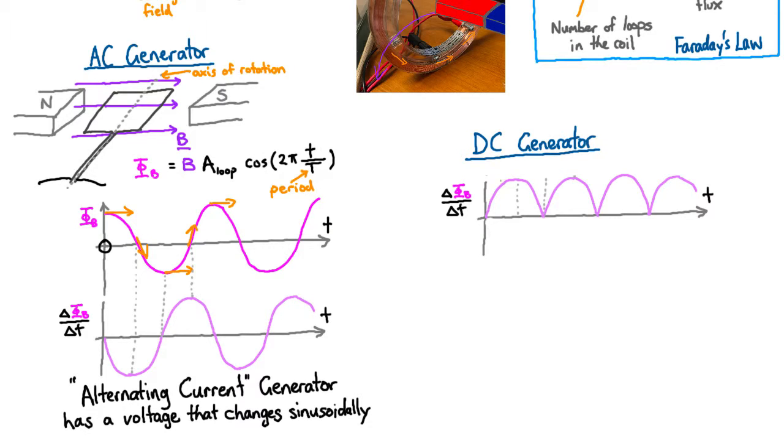And there you can see you've got a much flatter looking voltage, although it does have these dips here. And the way you can fix that is you can put in extra coils. So you might have back in your generator another coil that's at right angles. And the currents are going to come out of phase with each other, so they're going to look like this. And if you're really careful, you can organize them to add together such that you get a very smooth current indeed.